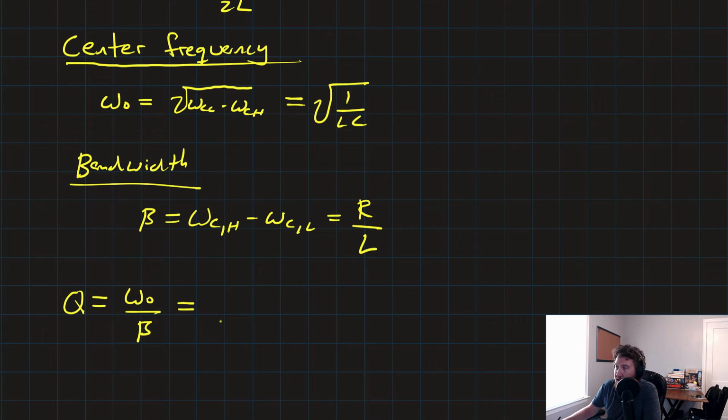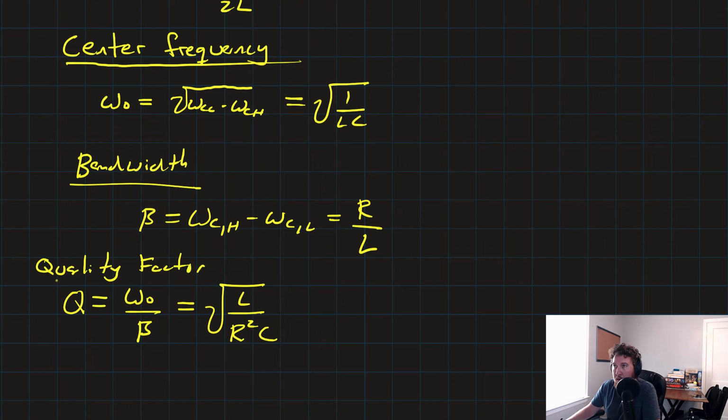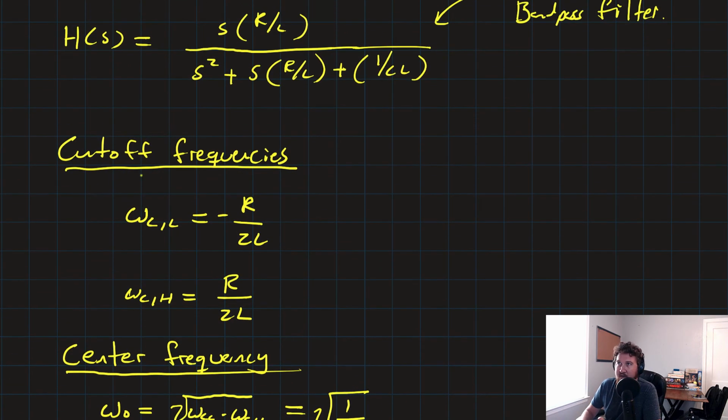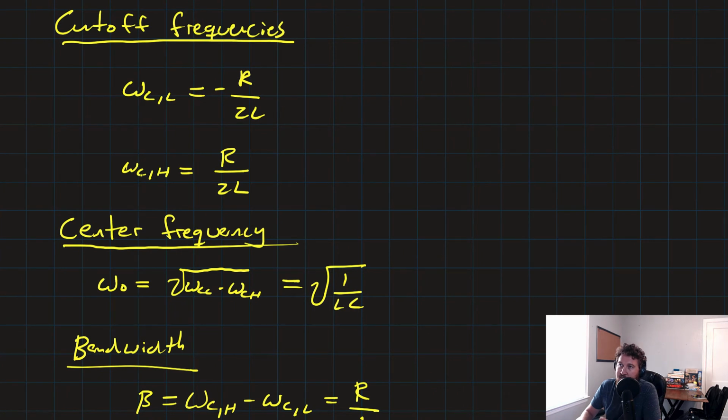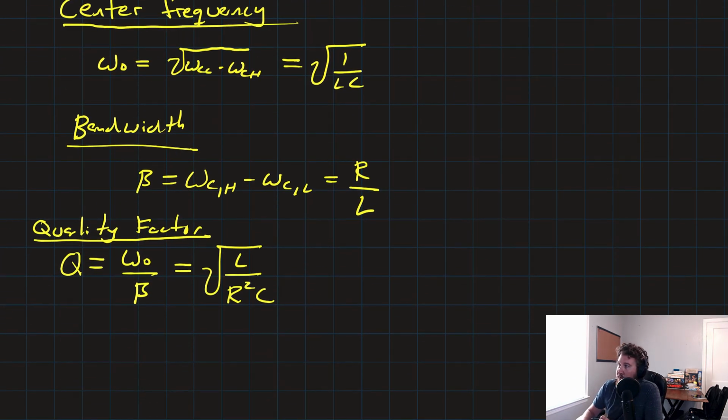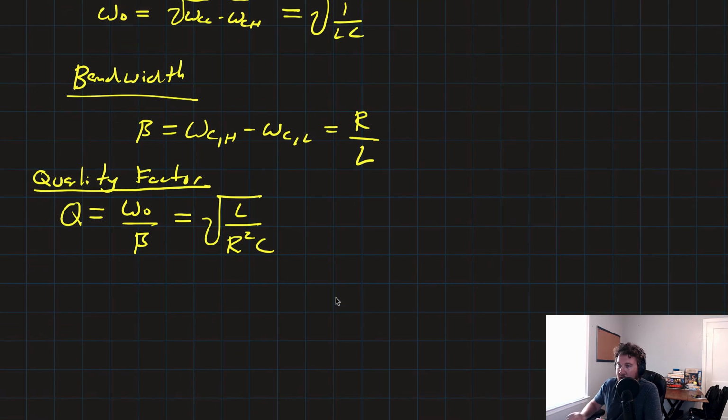But if you want to calculate it directly, it's the square root of L over R squared C. And that's it for our main parameters for designing our bandpass filter. So we've got our transfer function, how to calculate our cutoff frequencies, center frequency, bandwidth, and quality factor. So let's work out an example of designing a bandpass filter using a series RLC circuit.